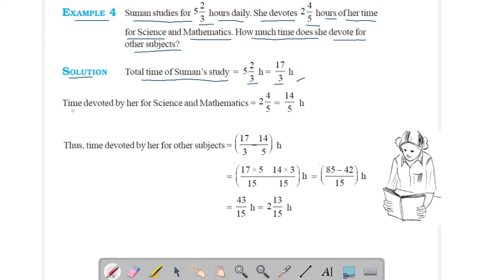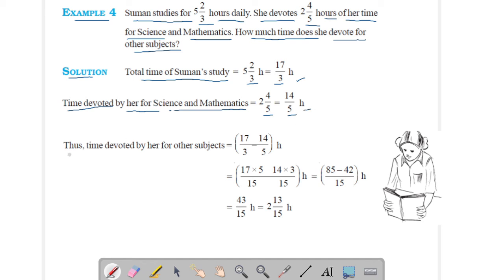Now the time devoted by her for science and mathematics is equal to 2 4 upon 5. Convert it into an improper fraction. It will be 2 into 5, 2 fives are 10, plus 4, 14 upon 5 hours.